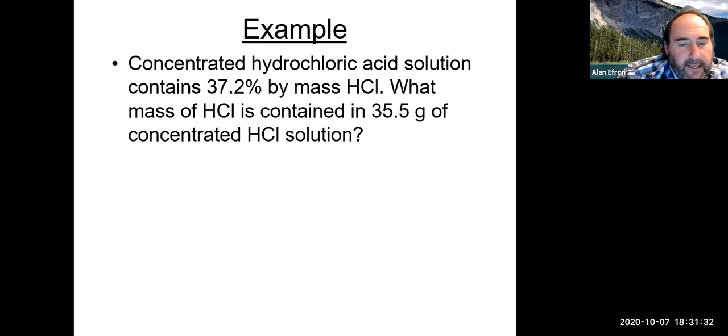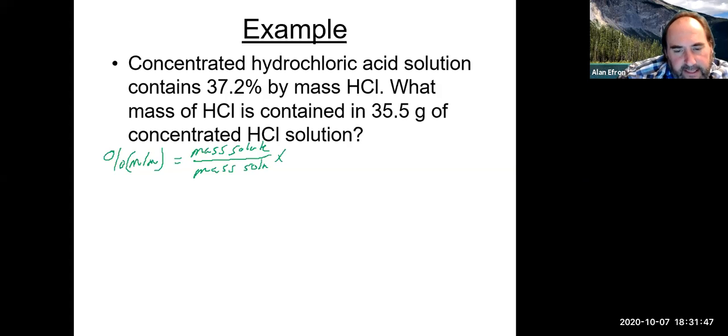Okay, so let's take a look at it. Again, we're obviously dealing with percent mass to mass, which is our mass of solute divided by the mass of the solution times 100%. In this particular case, we're given the mass percent, which is 37.2%.